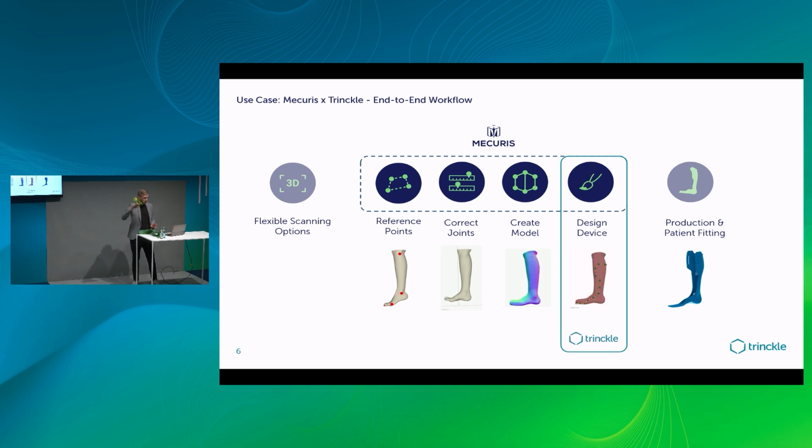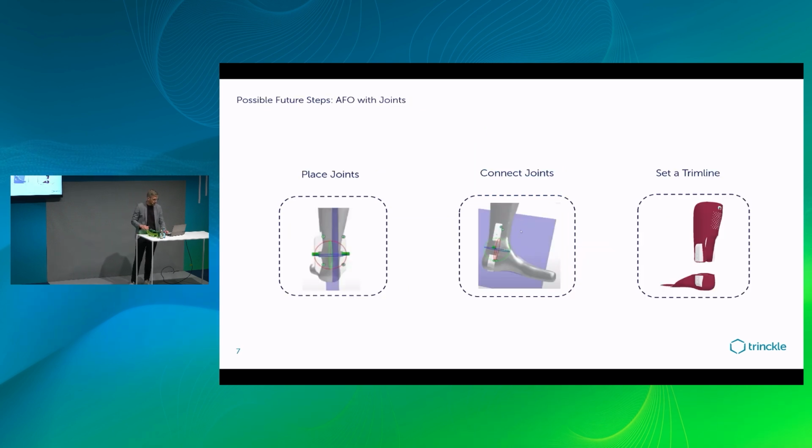So in the world of orthoses, this is what we have been doing with Mecuris over the past years already. So job is done for the very easy, simple orthoses as you see it here. The next thing we are working with them right now, and this is where trinckle gets involved again, is adding joints to those components. That makes it a lot more complicated already.